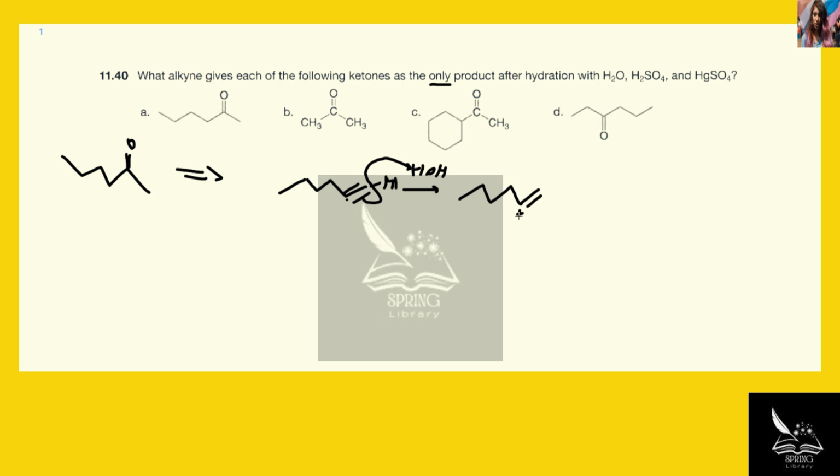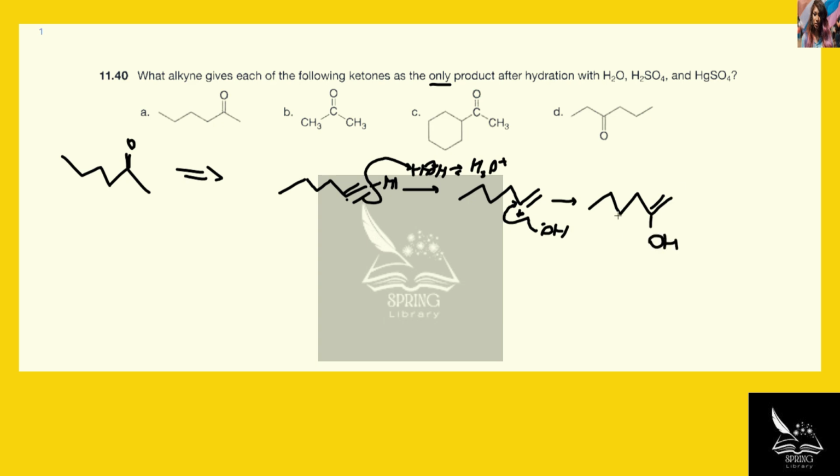That leaves us a secondary carbocation where the OH minus can then attack. Remember, there's acid, so there's actually an equilibrium with H2O and H3O plus. So there actually wouldn't be any OH minus in solution, but I'll do that for simplicity's sake.